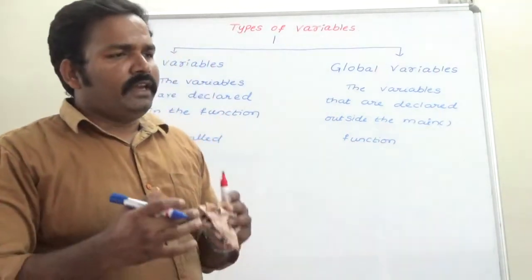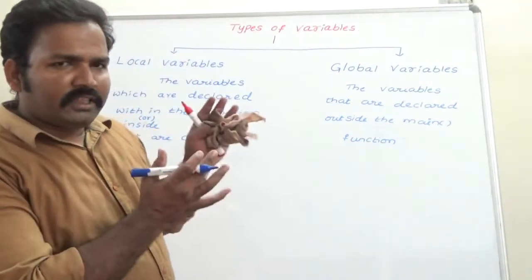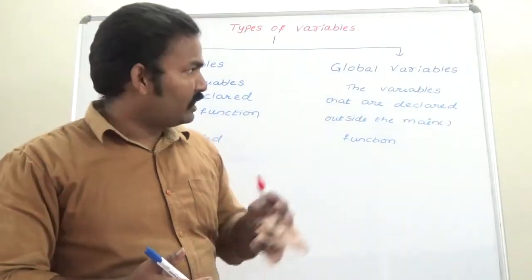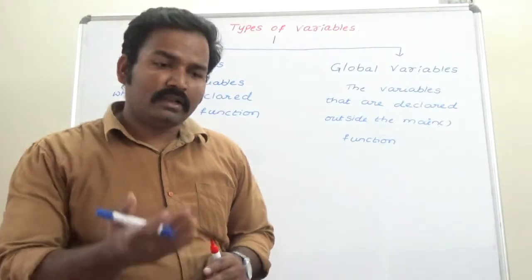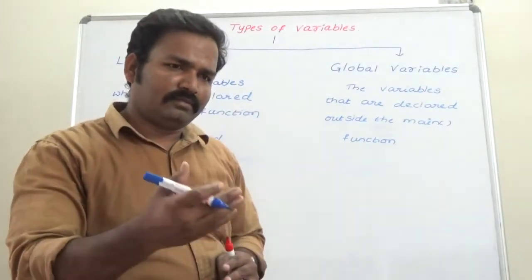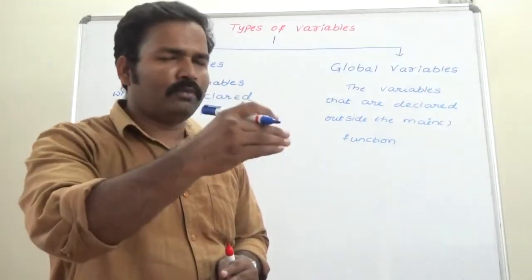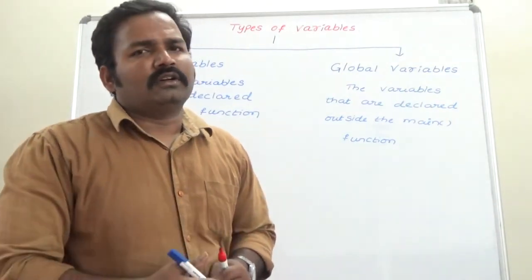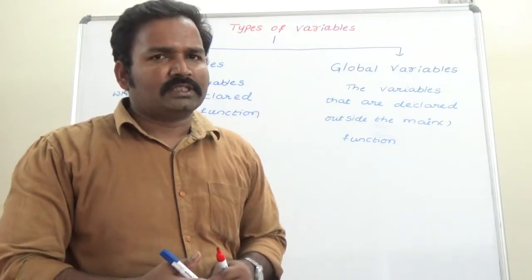Clear? So the variables which are declared within the function are said to be local variables, and the variables which are declared outside the main function or above the main function are called global variables.